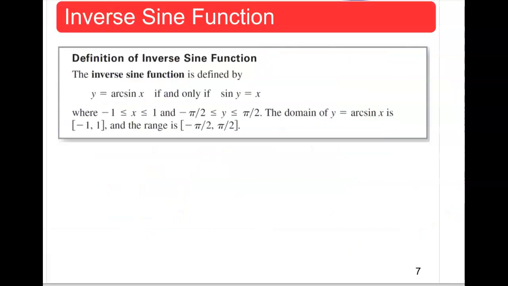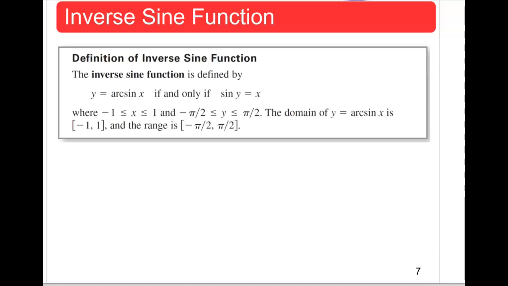So in this slide, we just have the same thing, but with the formal definition. The inverse sine function is defined by y equals arcsine of x if and only if sine of y equals x. So remember in pre-cal 1, if you don't remember, it's okay, one of the first steps to find the inverse of a function was to interchange x and y.